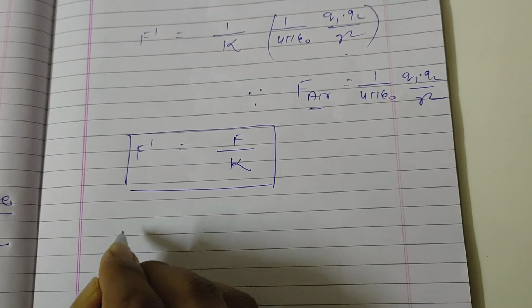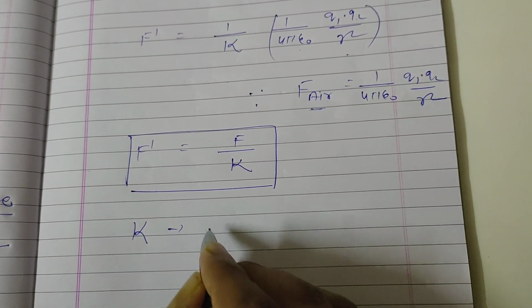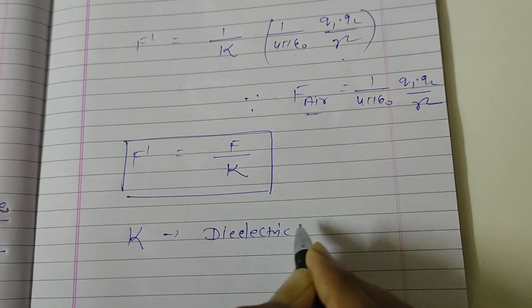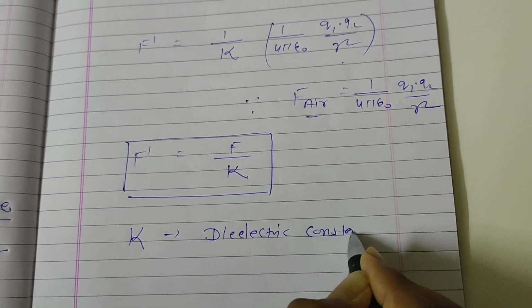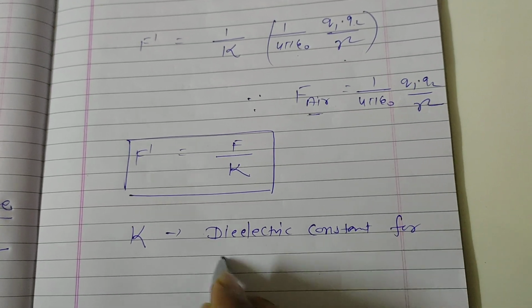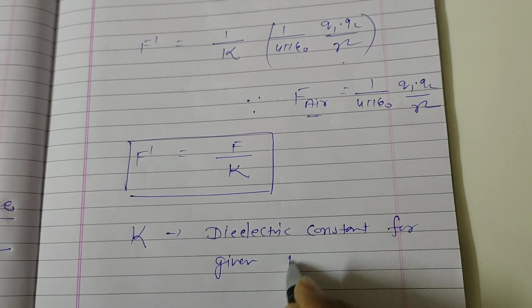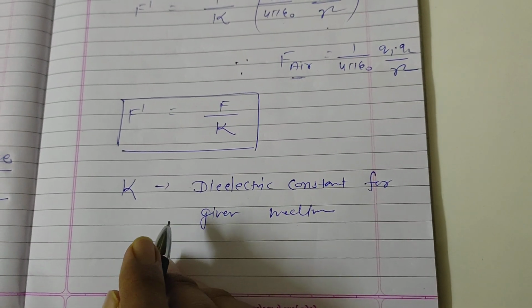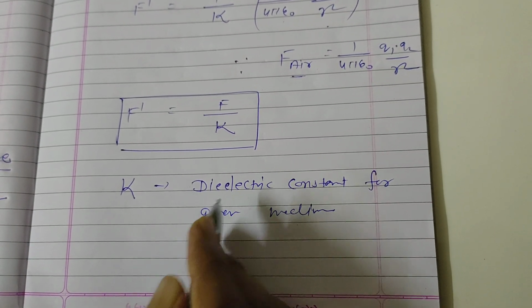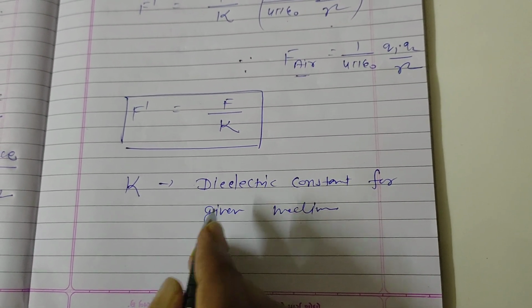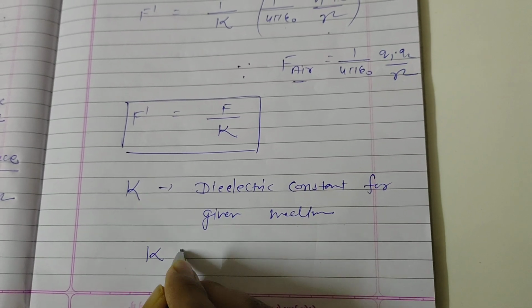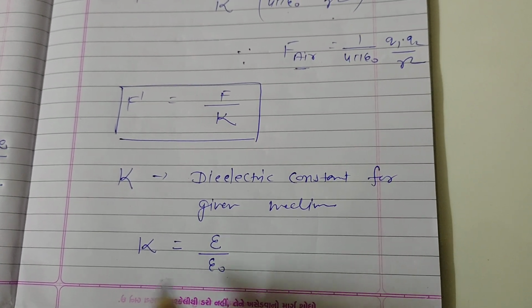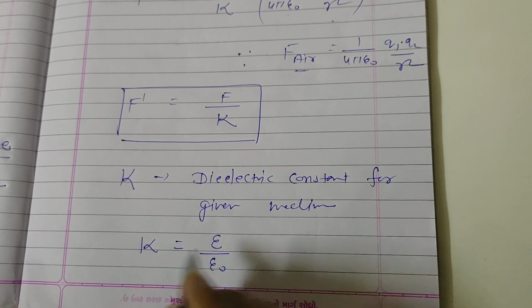Capital K is the dielectric constant for a given medium. Its value is different for different media and is never fixed, but its formula is: capital K equals epsilon upon epsilon naught.